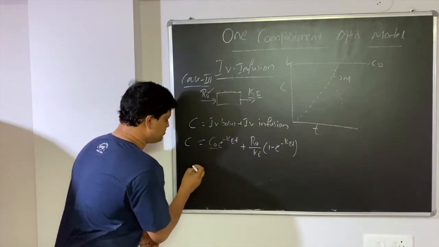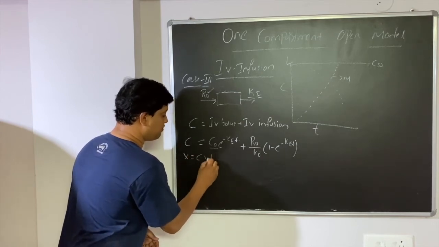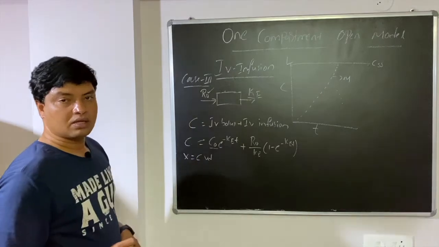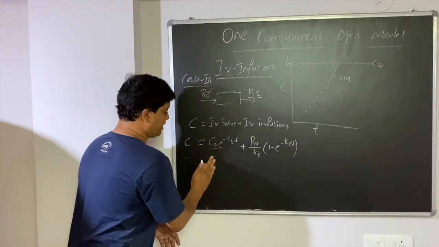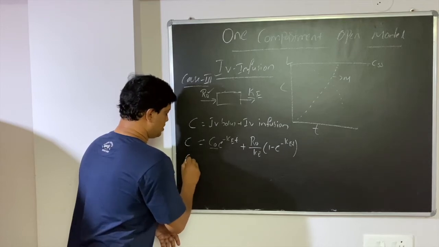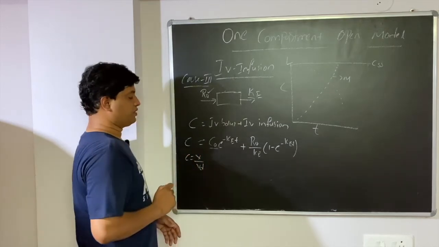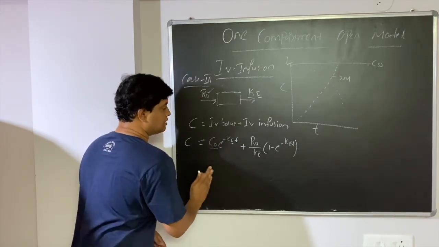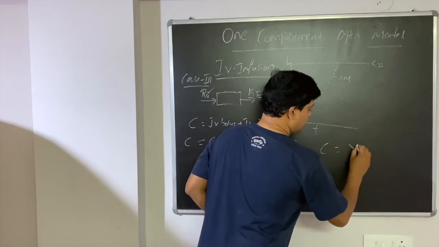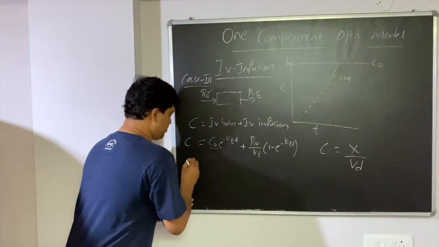See, we already know amount is equal to concentration into volume of distribution. So what we can write here is concentration is equal to amount by volume of distribution. Substitute that in this equation.